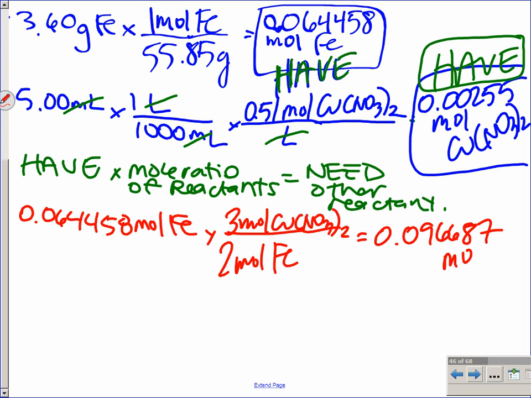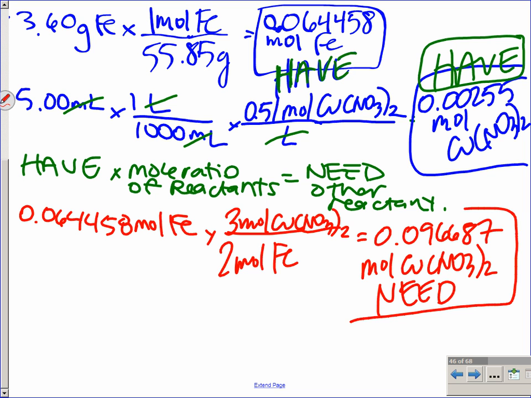All right, so basically what we did was we recognized there's a ratio between these reactants. And we said, if I have this much reactant, how much do I actually need of the other one to fully react all the iron away so it's gone? So when we did this ratio, this is the moles of copper 2 nitrate that you need to fully react with all of that iron.